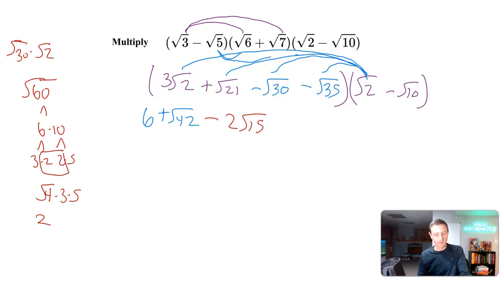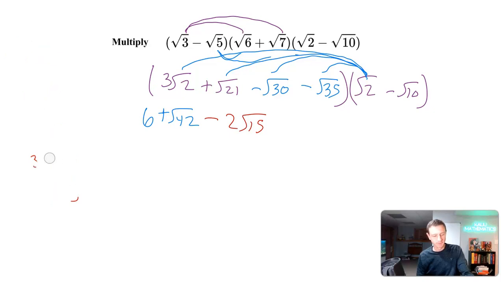And then we have 2 times 35. So the square root of 35 times the square root of 2. 2 times 35 is 70. And again, 70 is 7 times 10. 7 is prime. 10 is 5 times 2.